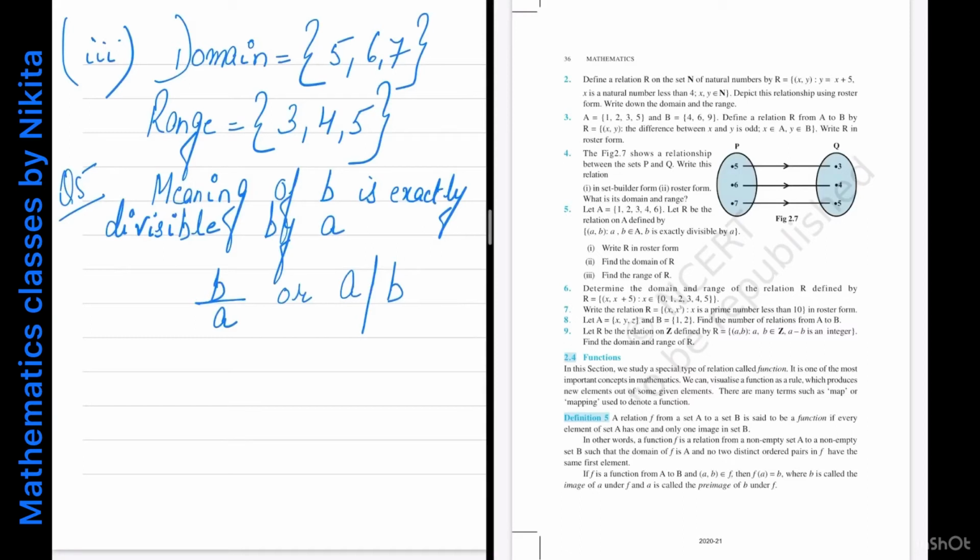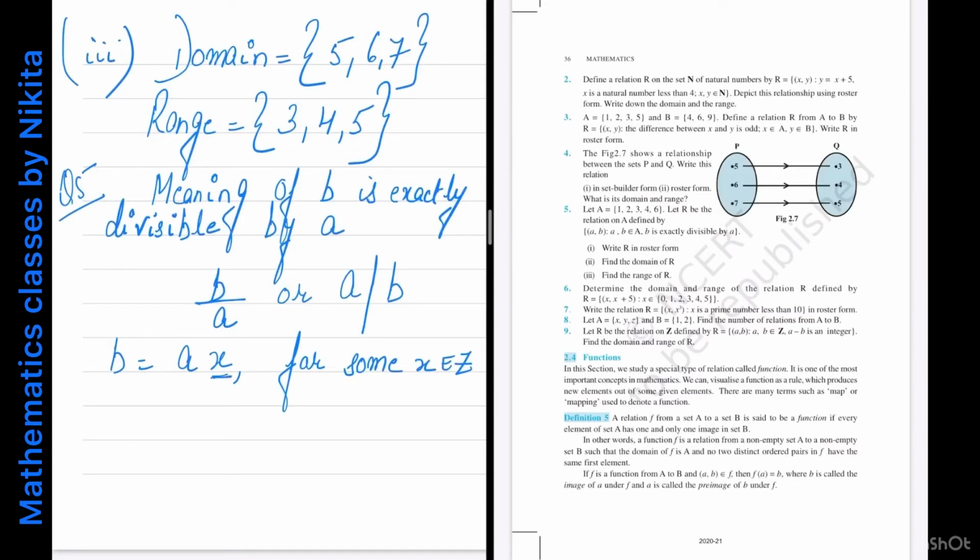So B is divided by A or A divides B, and the meaning of this is that B is equal to AX for some X coming from Z. So we are assuming that A and B are integers. B is exactly divisible by A if B is equal to a multiple of A. So you will get X as some integer.